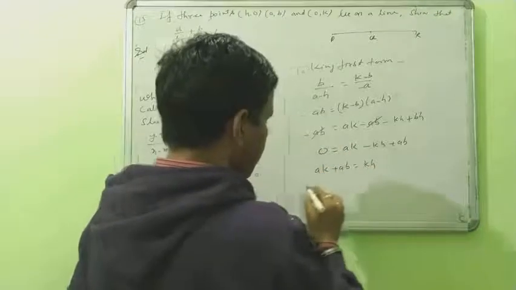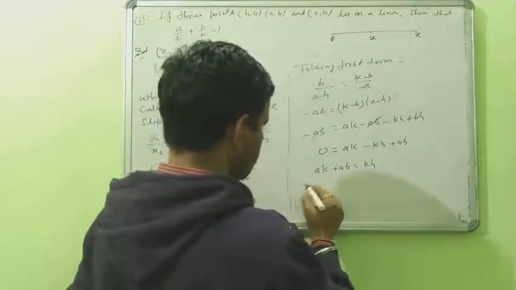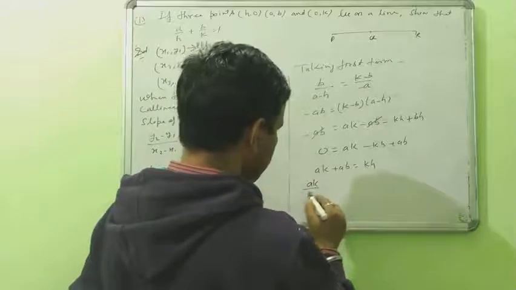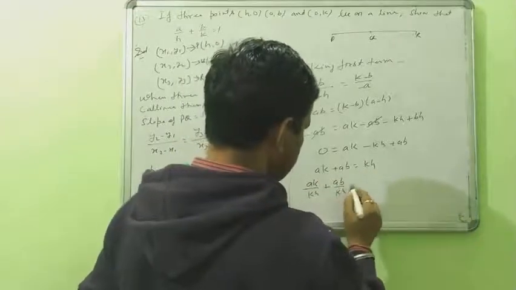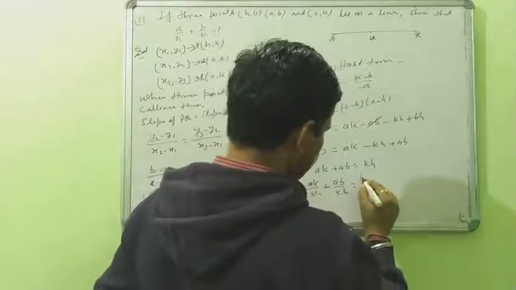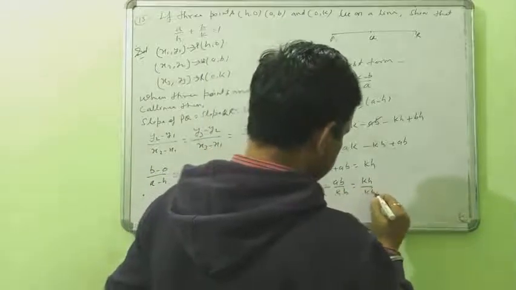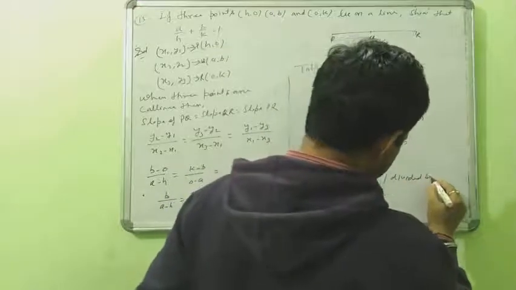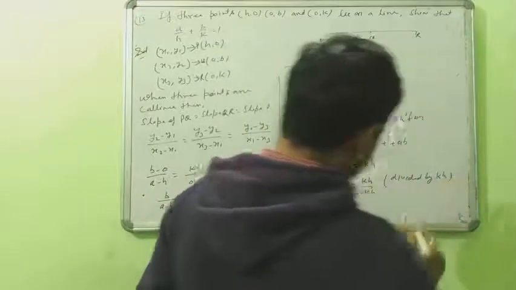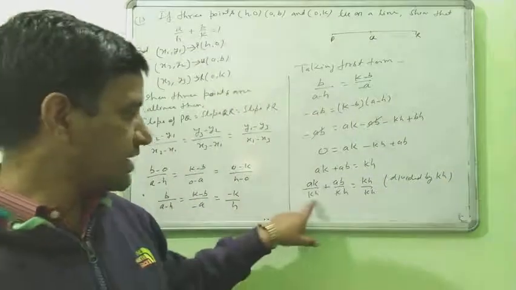So then divide both sides by kh: ak upon kh plus bh upon kh equal to kh upon kh.